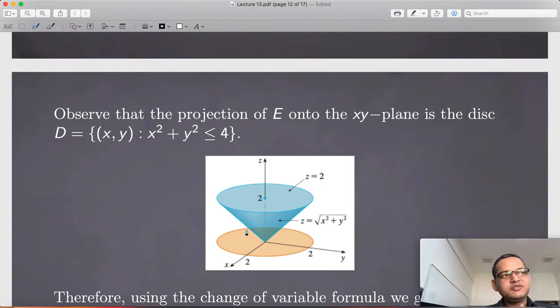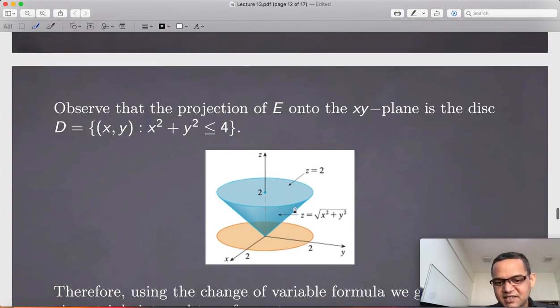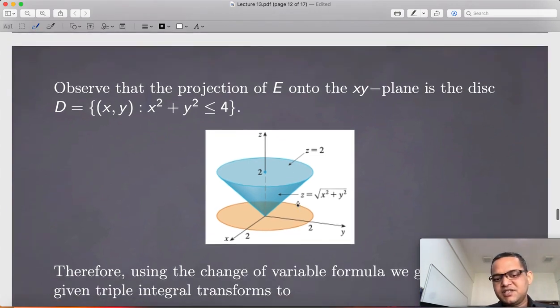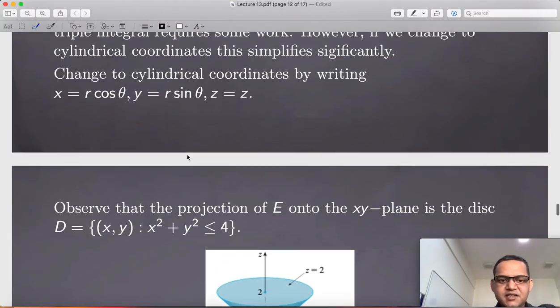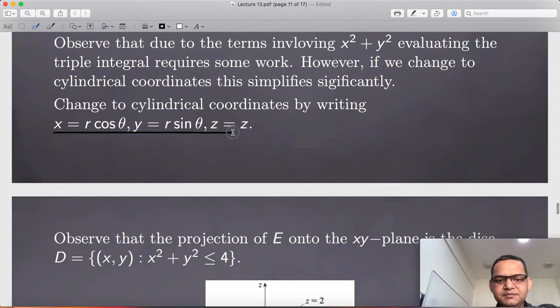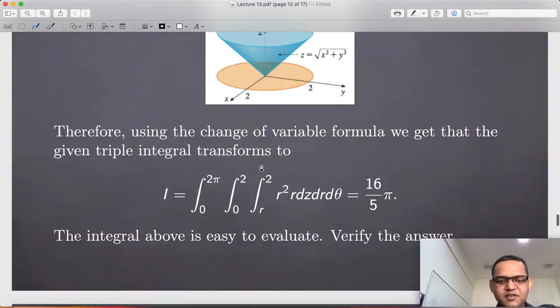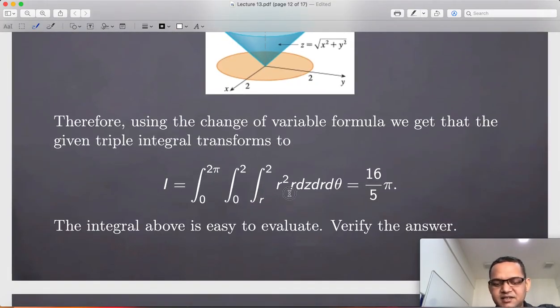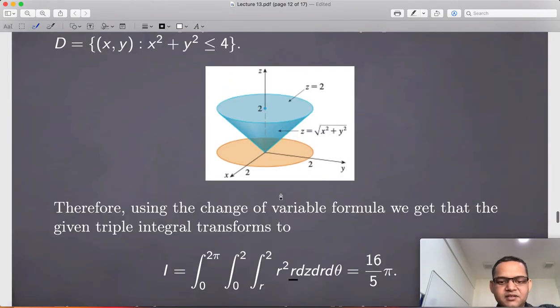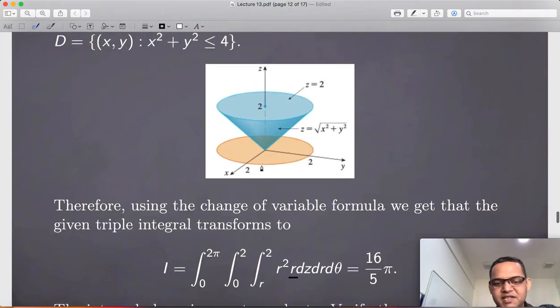The disk already suggests that we need to think of polar coordinates. But then there is another thing which is z here, so it becomes a cylindrical coordinate system. So we change to the cylindrical coordinate system, and all you have to do is find the limits. The limits are very easy because x and y, this is a full disk of radius 2.